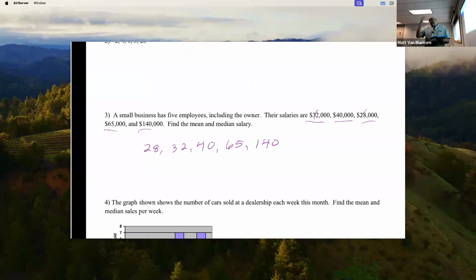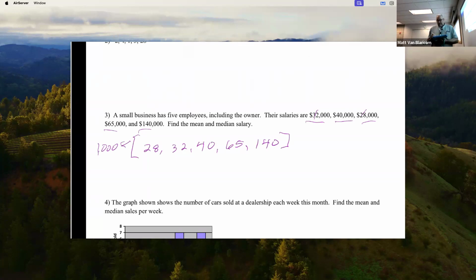Now I've got them listed lowest to highest, and I've taken off 1,000. I think of it as having 1,000 that I've factored out of each one, and I'm holding it off to the side while I do this work. Then at the end I can put it back in, and it makes my life so much easier.